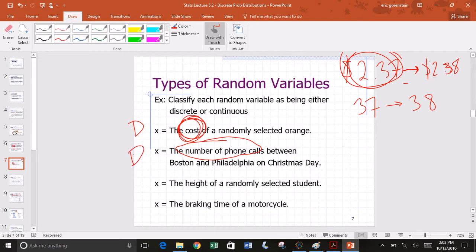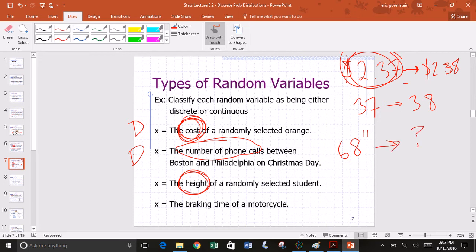The next one, the height of a randomly selected student? Well, for height, it doesn't really make sense to talk about what is the next value. So let's say 68 inches. One student is 68 inches tall. What is the next possible value after 68?